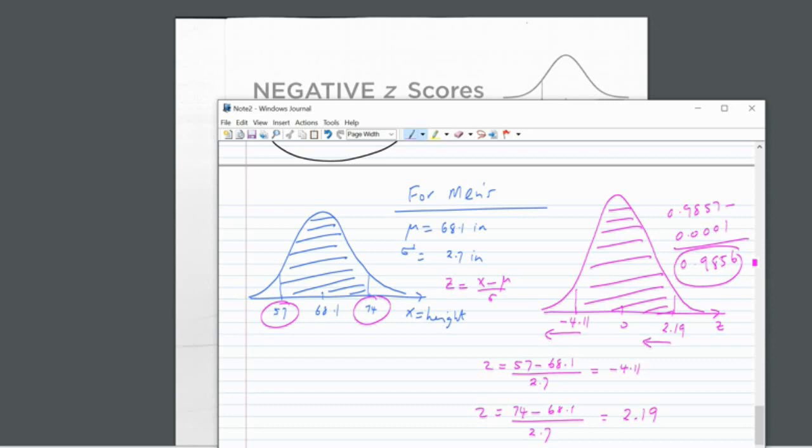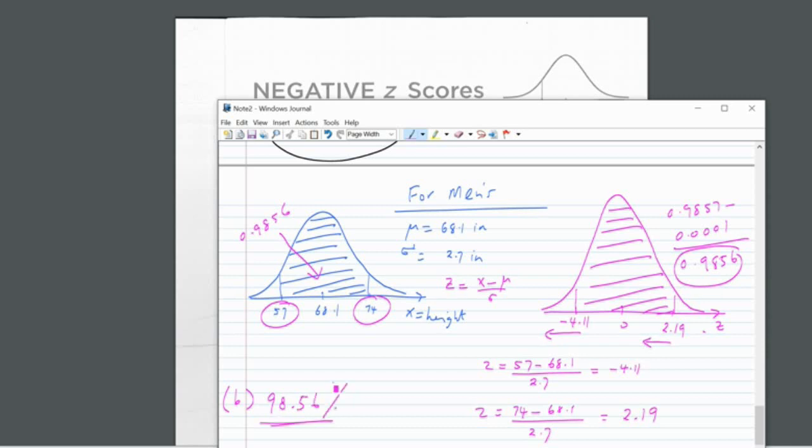0.9856 is the area of the standard normal distribution between these two values, which is exactly the area of the normal distribution between 57 and 74. So this is 0.9856. As a percentage, how many of them are qualified? 98.56.